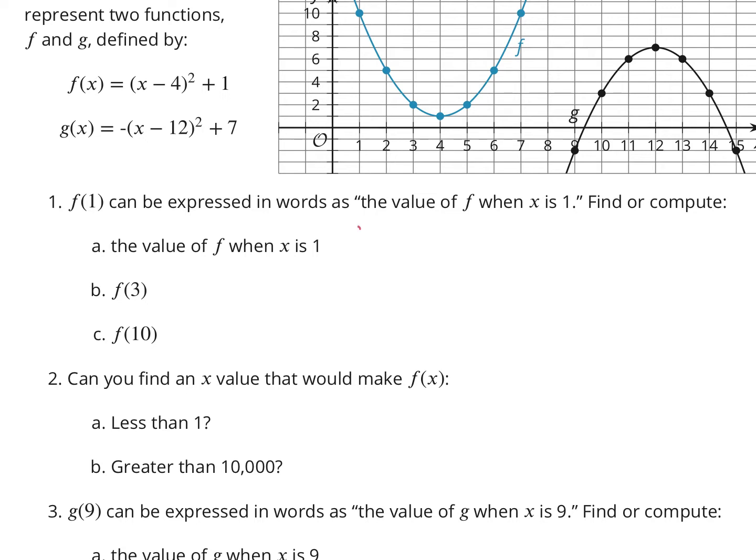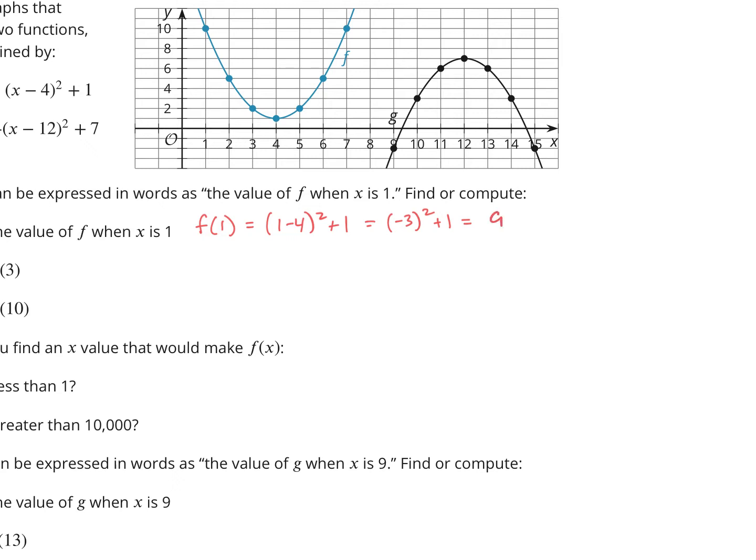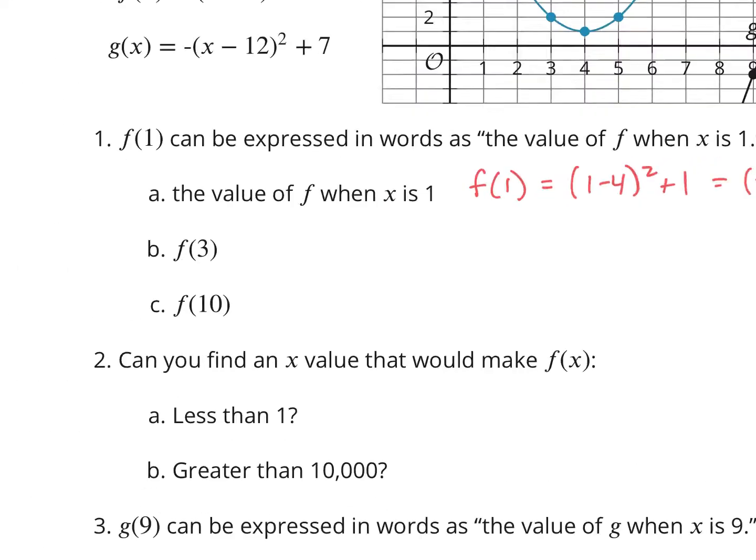So let's start with f of 1. That's going to be 1 minus 4 squared plus 1. 1 minus 4 is negative 3, so we have negative 3 squared plus 1. Negative 3 squared is 9. 9 plus 1 is 10. So f of 1 equals 10.